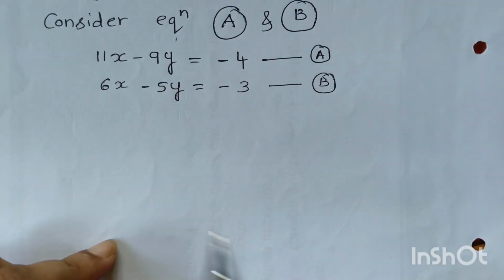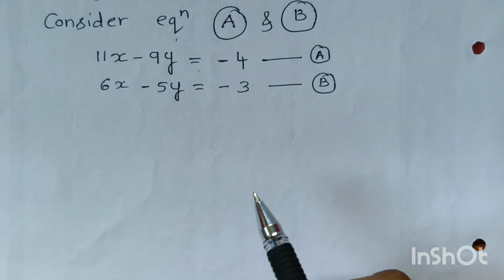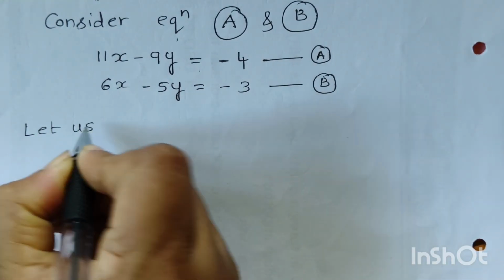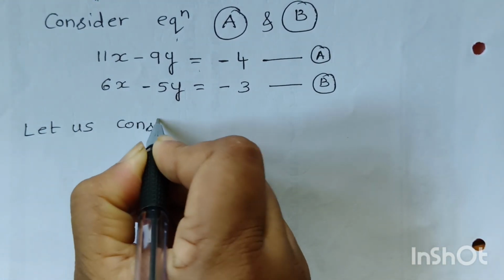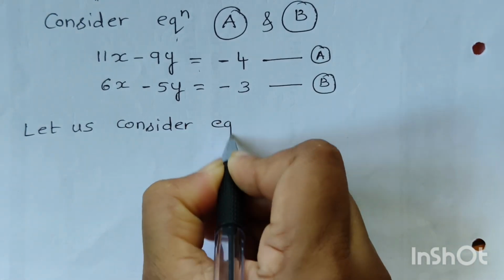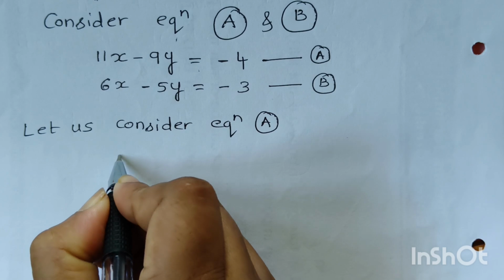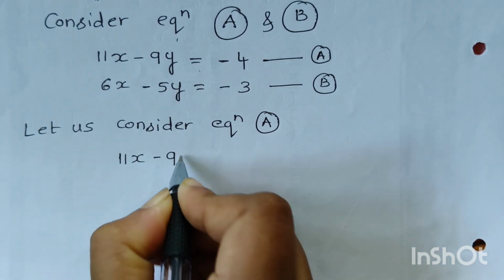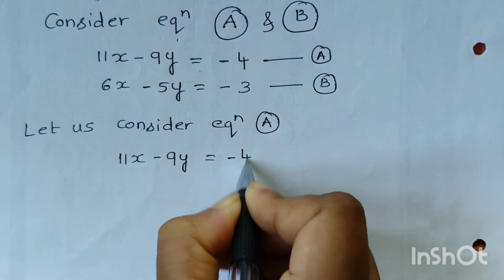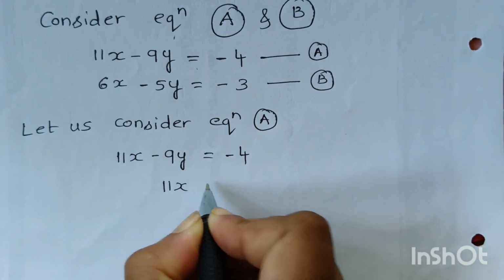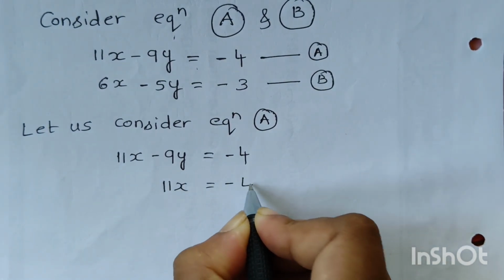First let us consider equation A, that is 11x minus 9y is equal to minus 4. Then 11x is equal to minus 4.